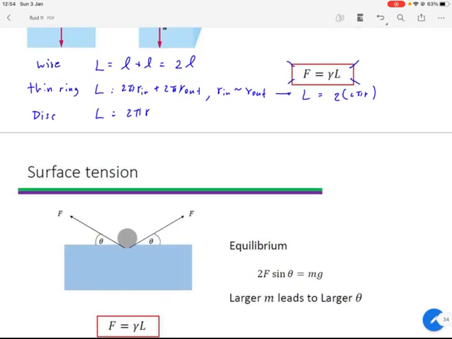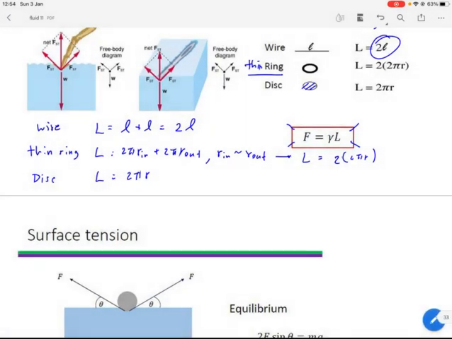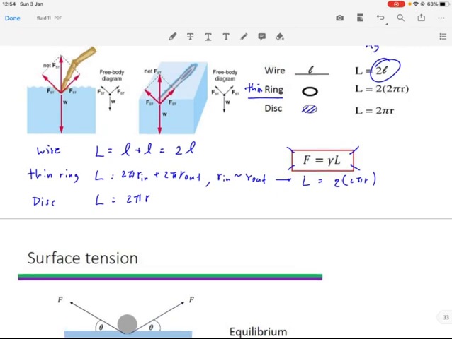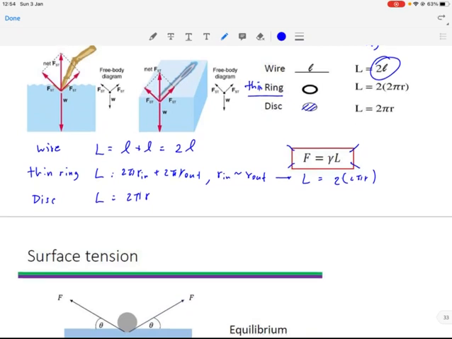Let's talk about this. When you have, let's say, objects with the same geometry, so I have, let's say, gold and iron wire.